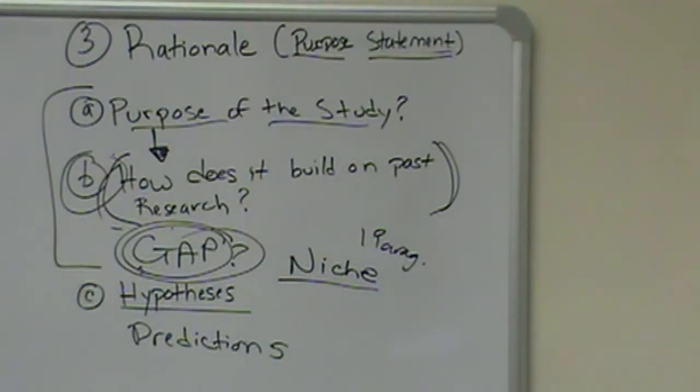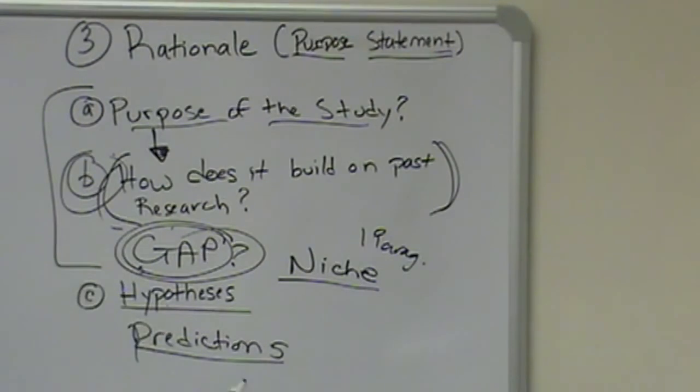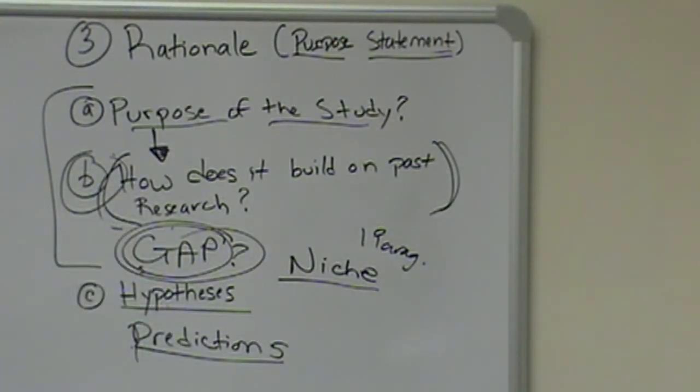You're going to predict that, for example, middle school students who exercise are going to have fewer target behaviors of ADHD than students who take medication or something like that. But notice that this prediction or this hypothesis needs to be based on this past research. It really can't come out of thin air. It needs to be based on all this past research.